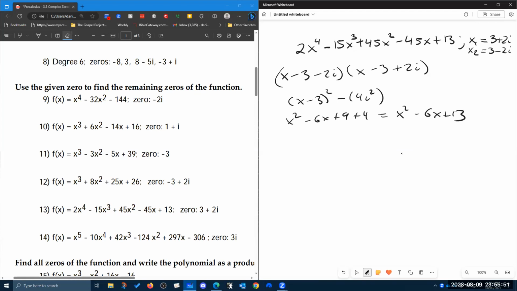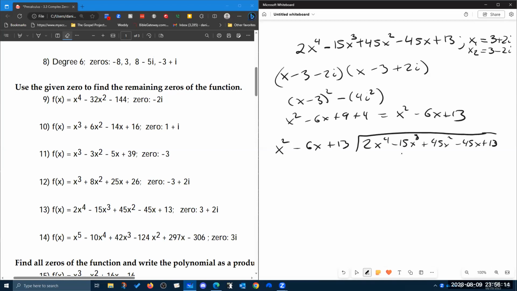Let's keep using that long division technique. To x to the fourth minus 15x to the third plus 45x squared minus 45x plus 13.